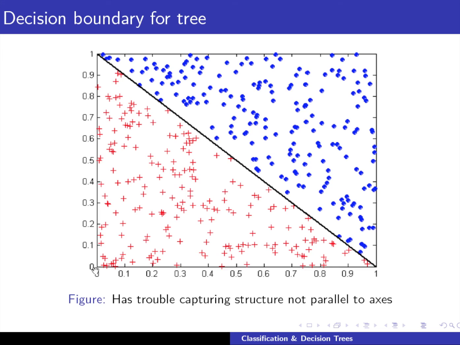But as you read the test data set, it is going to call everything on one side one type, like red plus, and everything on the other side blue circle or whatnot. We're using straight lines to partition here. So if you have a curve or something that isn't running parallel to an axis, then this is harder for this type of algorithm. It might not predict as well.